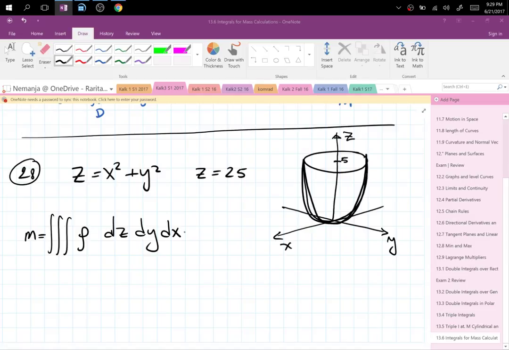Dz, dy, dx? Oh no, you definitely look, you have z equals x squared plus y squared. So that's going to be one of the limits. That's definitely going to be integrated first. Any other suggestions? I'll wait. It's a triple integral.